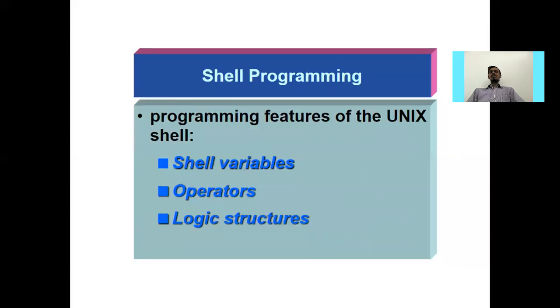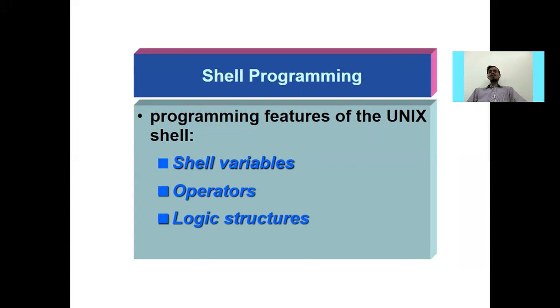Next is shell programming. There are different features of the Unix shell, some listed below. First is shell variables. Shell variables store the value of some token in memory for further use. Second is operators.